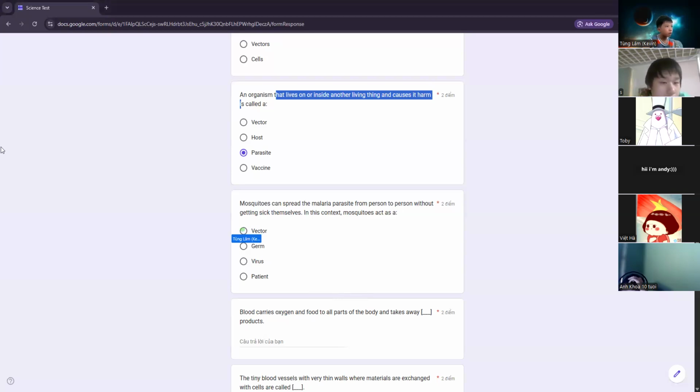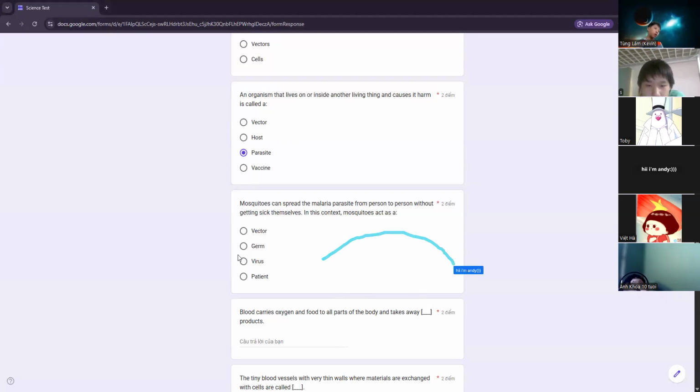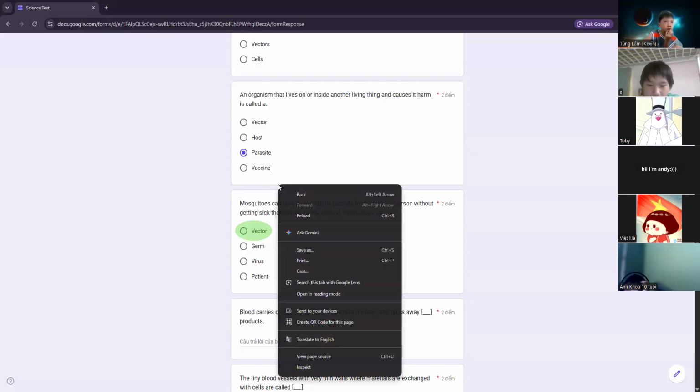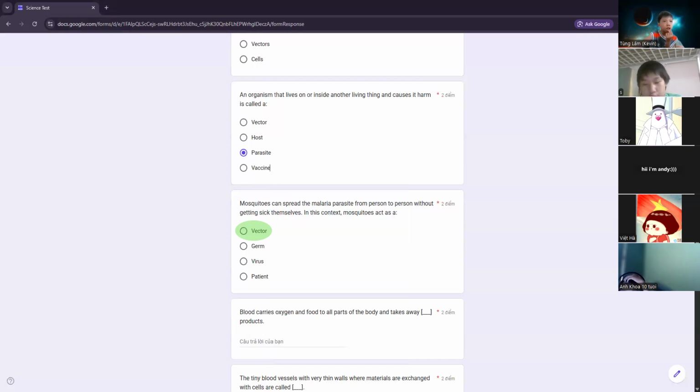A vector in this case could be defined as something that transports a germ, I mean a virus. So mosquitoes can be interpreted as a vector here, because the mosquito is the thing that moves this parasite. The mosquito is the transmitter. Transmitters are also known as vectors in science as well.